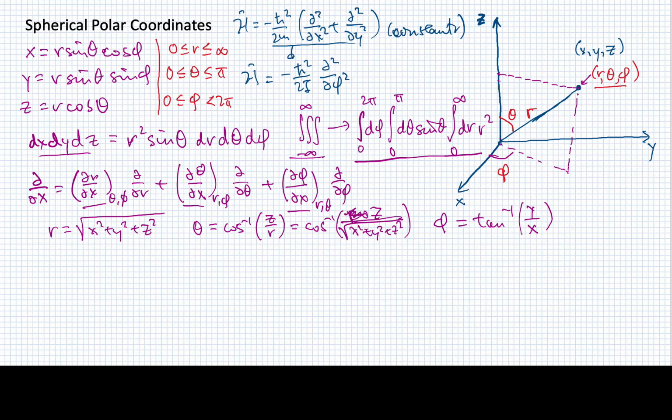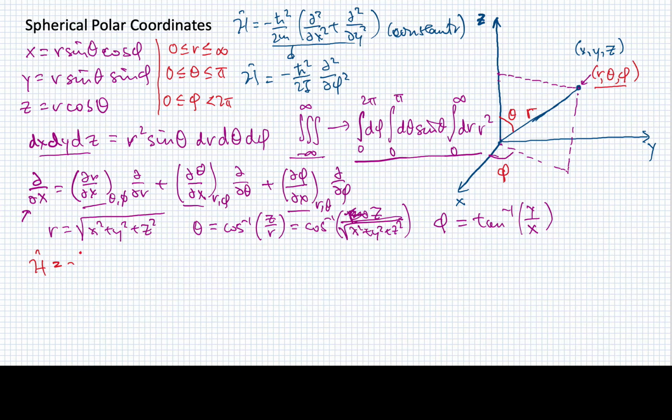Okay, but since we're not going to go through the whole operation of doing these partial derivatives, let me just give you a few important results from doing this. First of all, when we're writing a Hamiltonian for a system in 3 dimensions, we might start with an expression that looks something like this.